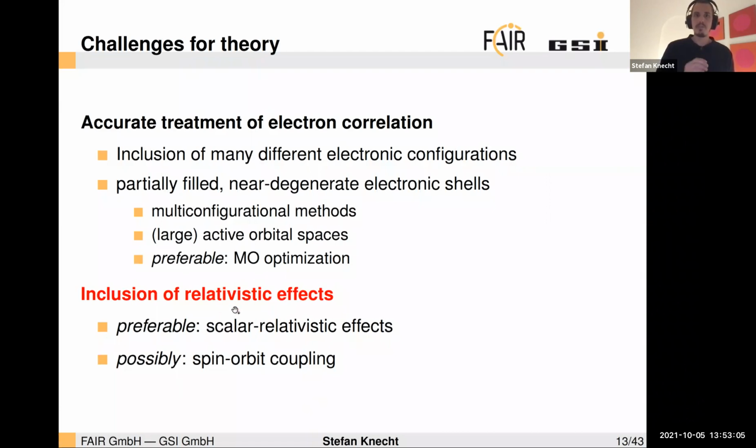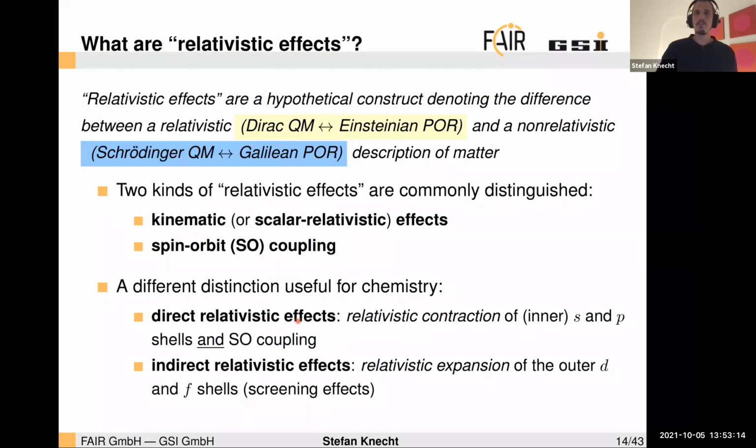And that means we would like to be able to include relativistic effects, and that could be preferably scalar relativistic effects and possibly also spin-orbit coupling. And for those of you who are not that familiar with that, let me briefly explain what I mean by relativistic effects.